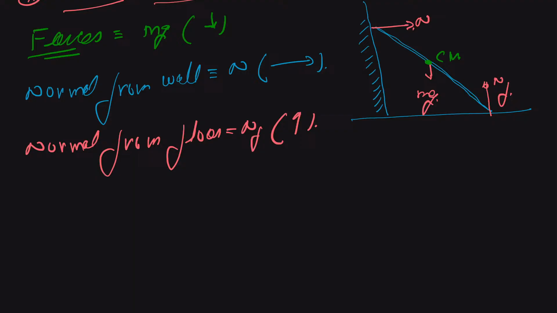Therefore there will be two types of motion, horizontal motion as well as vertical motion of the center of mass.